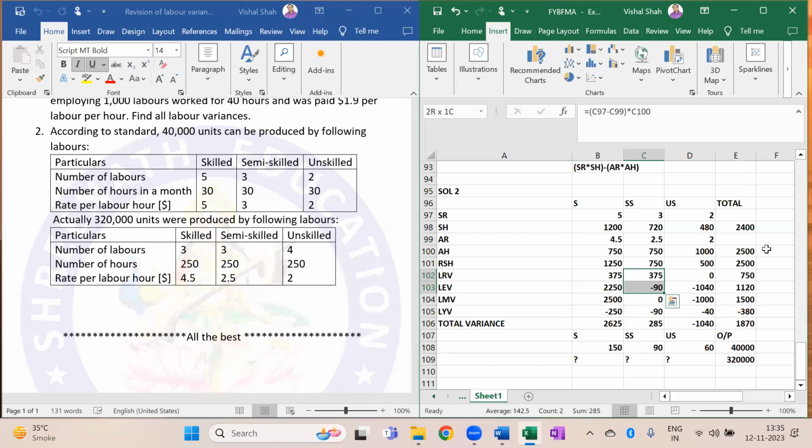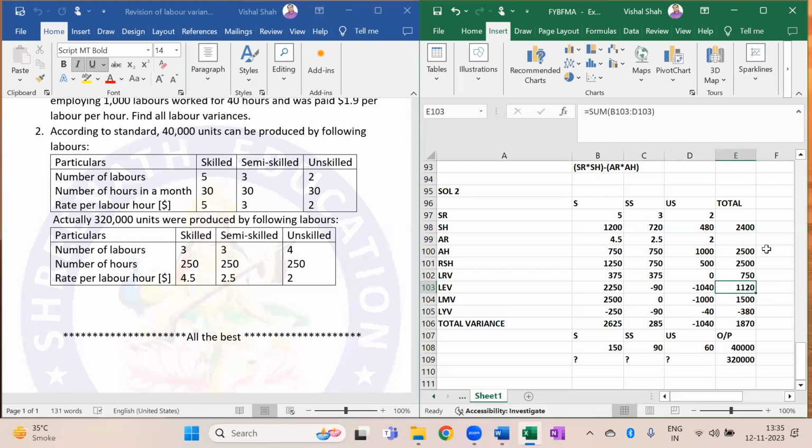This will be 285. LRV plus LEV. Okay, correct, that is 1040, it matches. And this is 1870. This is also perfect. Everything is perfect.